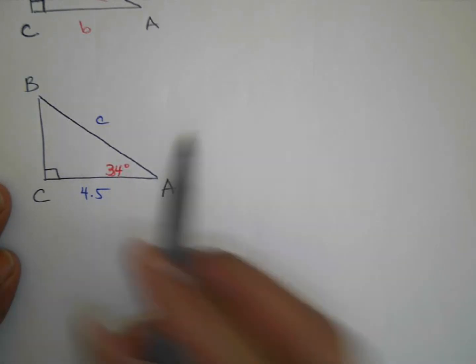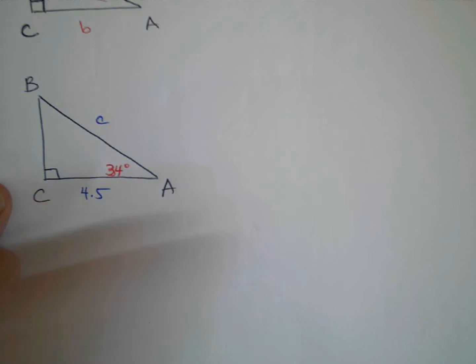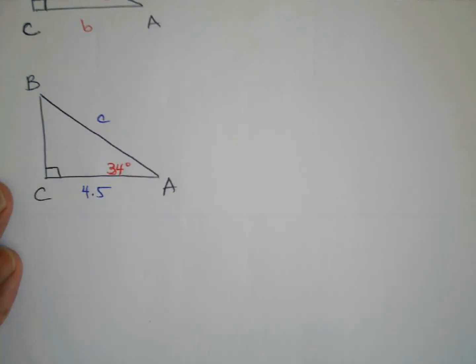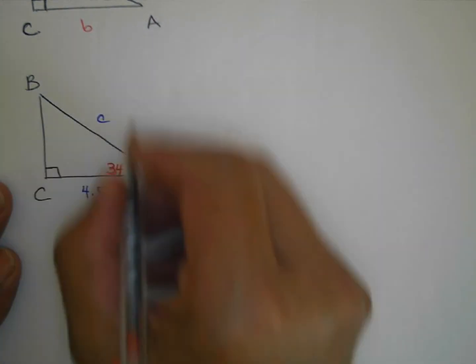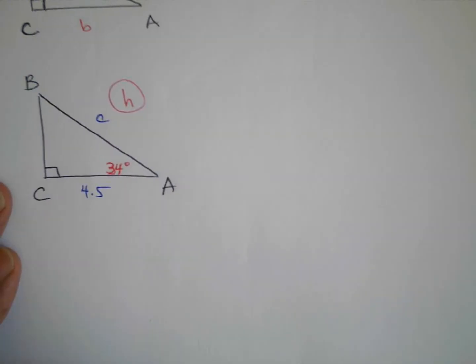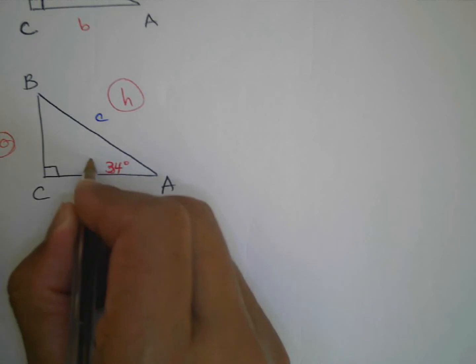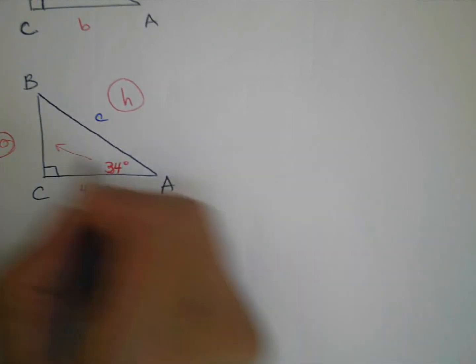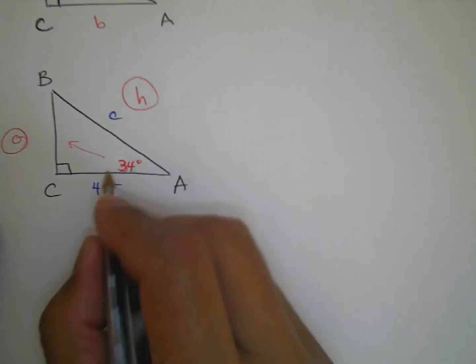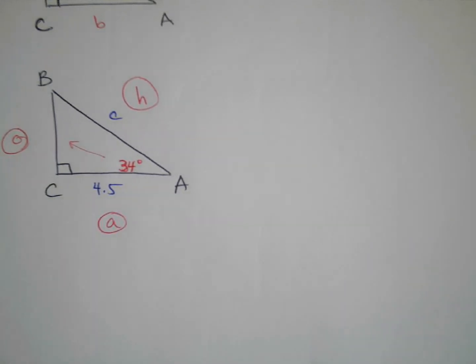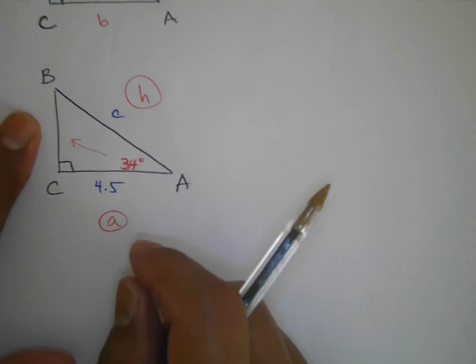Okay, so how do we start? We label off the sides. Label the sides. Don't just look at a blank triangle. Hypotenuse side is right there. The angle's right here, so the side opposite of it is the opposite side. That makes this the adjacent. So which two are we working with? Well, not this one.